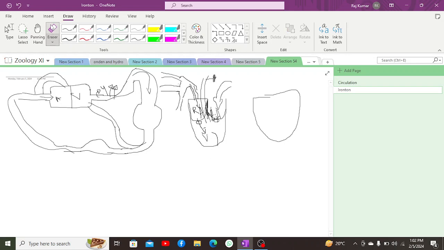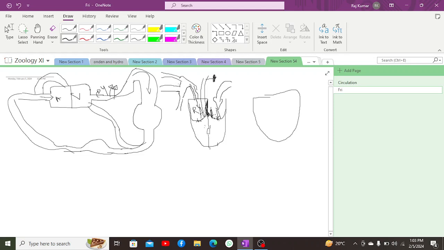Here we have the heart, and here there is a right atrium and a left atrium, and the ventricle is also single, but that ventricle is partially partitioned through some sort of membrane, and there is a gap inside it.